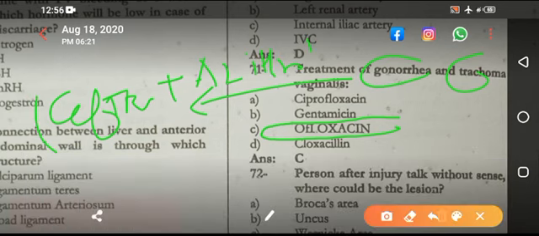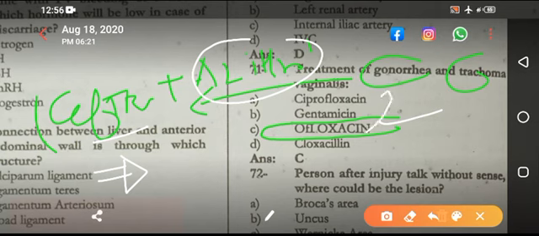If that is not in the option, then you look for ceftriaxone plus doxycycline. If that is not in the option, ofloxacin is the right answer because it kills both gonorrhea and chlamydia.